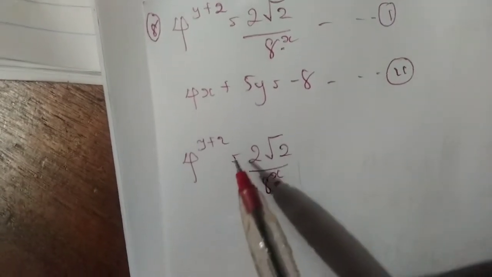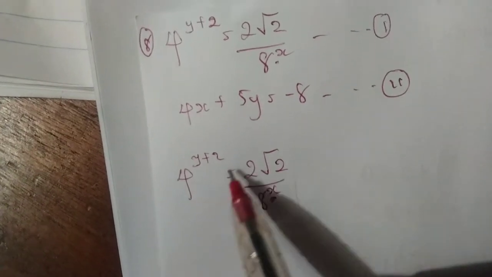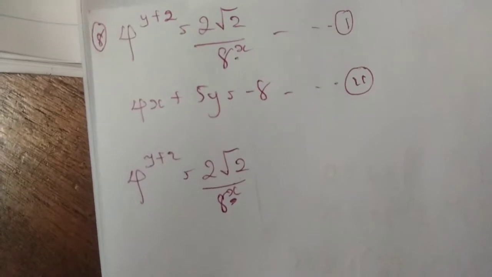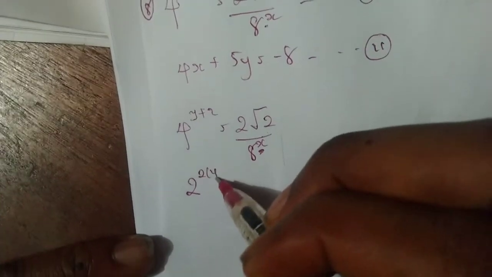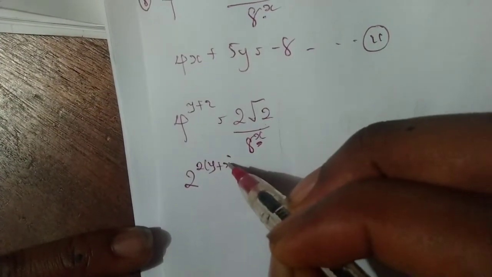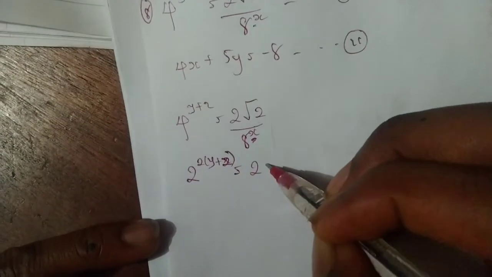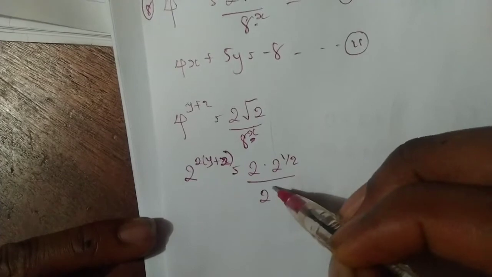So I'm noticing they can all be written as powers of 2. They can be written as 2 raised to the power of y plus 2 is equal to 2 times 2 to the power of 1 over 2, all over 2 to the power of 3x.